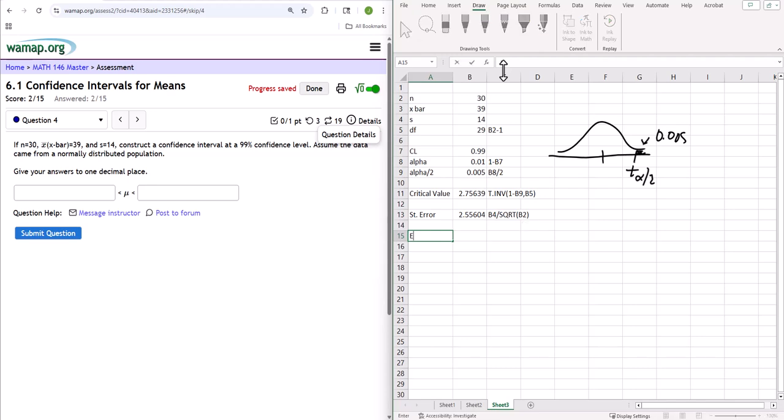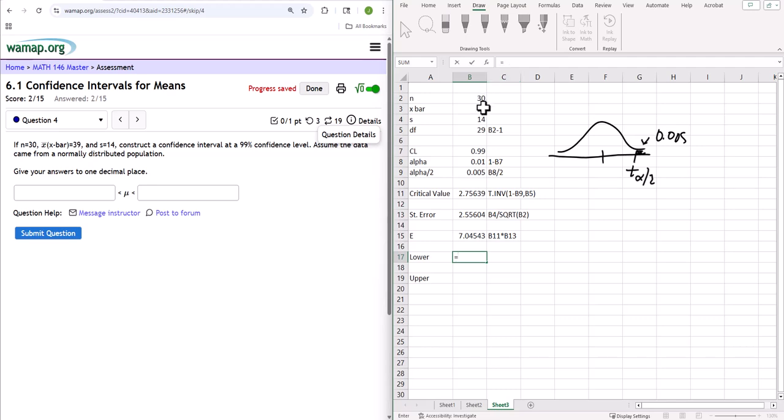And then our margin of error is the product of our critical value and our standard error. And then we need a lower limit and an upper limit. I forgot to show my work right here. Grab these real quick. Just the two of them.